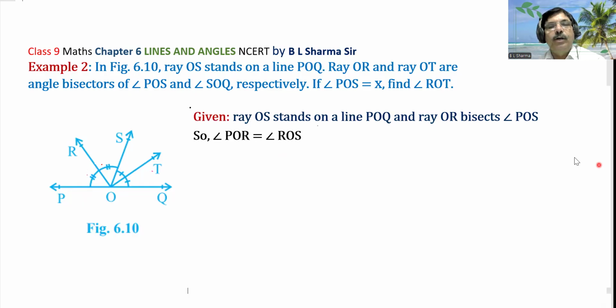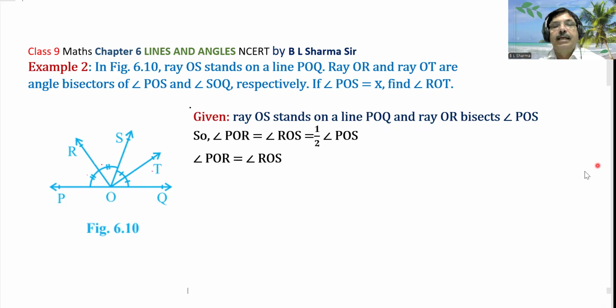So angle POR is equal to angle ROS. It is given, and we know because it bisects, that is why each is half of angle POS. These two angles are half of POS. Bisect means divide into two equal parts. Angle POR is equal to ROS, and angle POS, it is given, is equal to x.